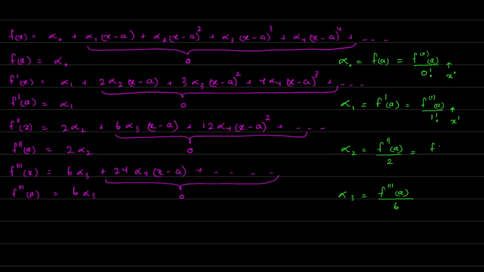And this can be written as the second derivative over 2 factorial, and this is the coefficient of x squared. Similarly, this is the third derivative divided by 6, which is 3 factorial, and this is the coefficient of x cubed.